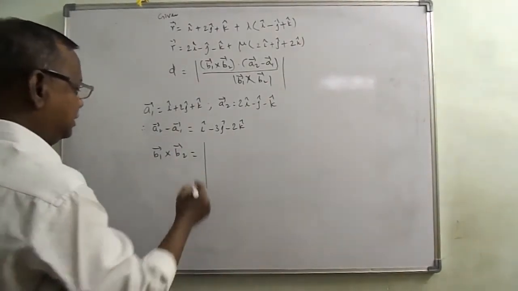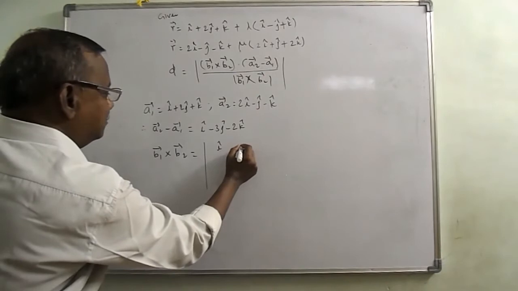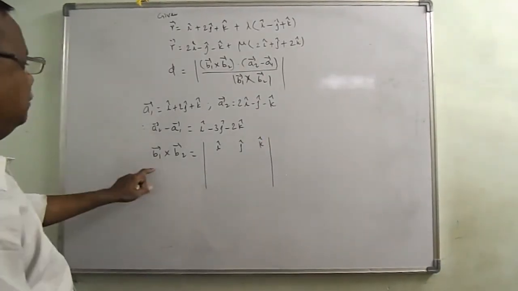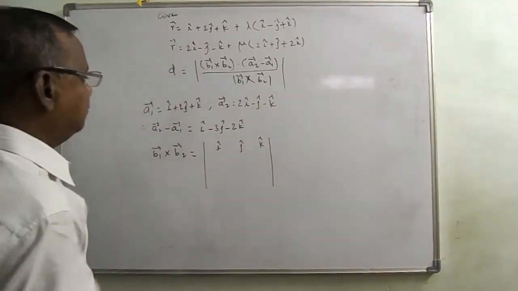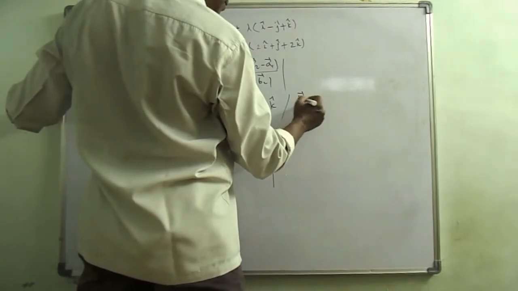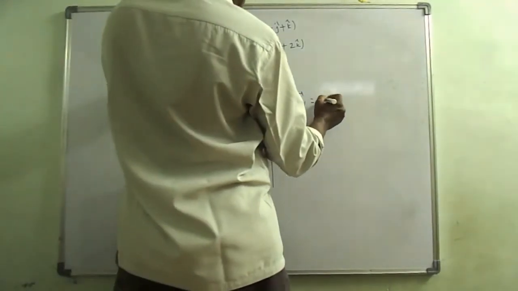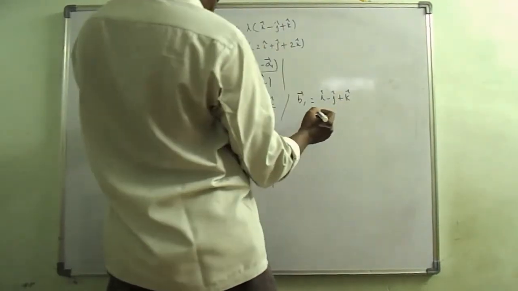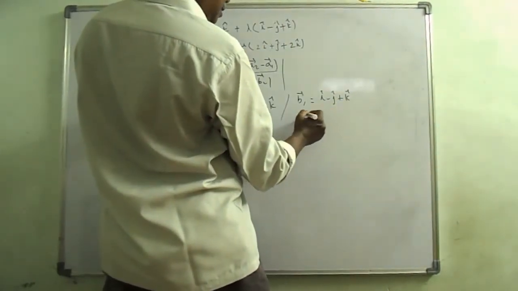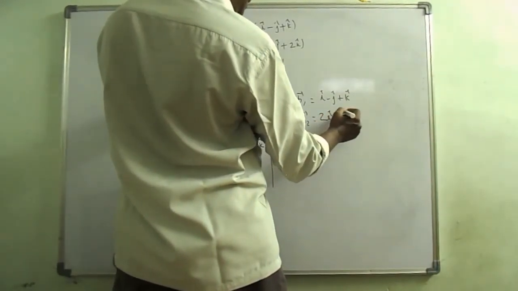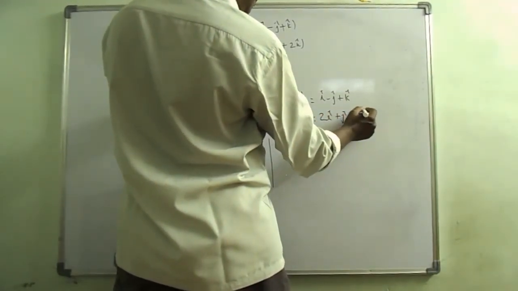This is not modulus, this is determinant. i cap, j cap, k cap, and the components of b1 are... now let us write b1 vector. b1 vector equals i cap minus j cap plus k cap, and b2 vector is 2i cap plus j cap plus 2k cap.